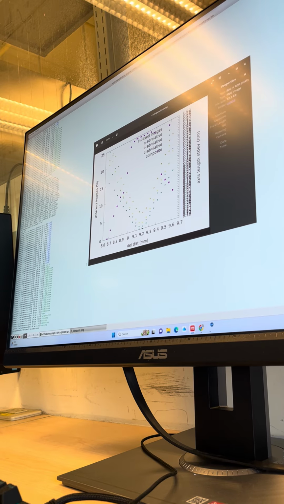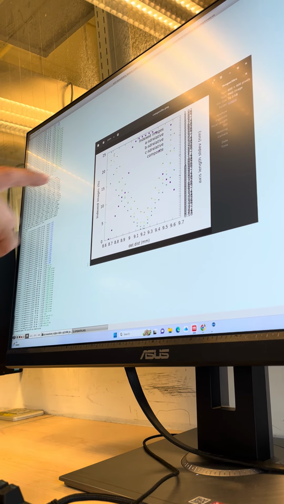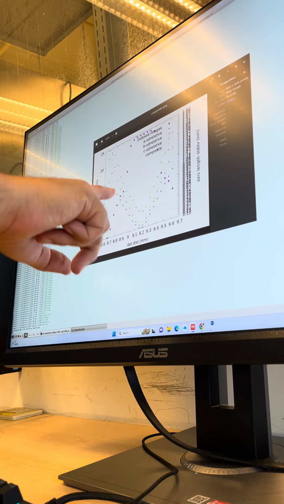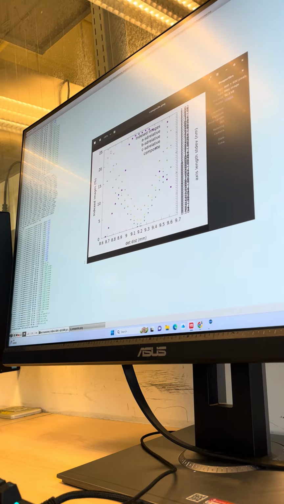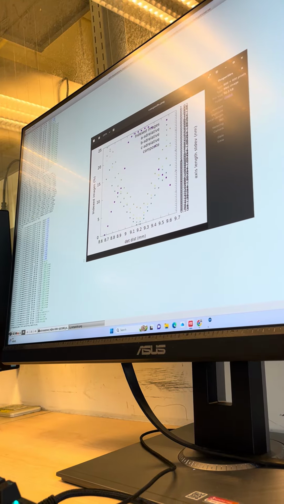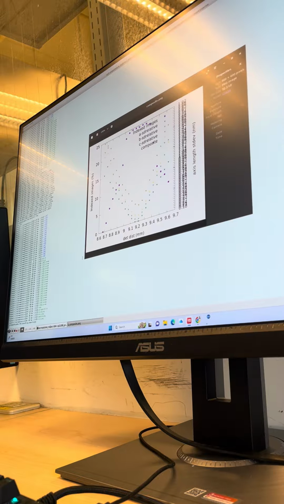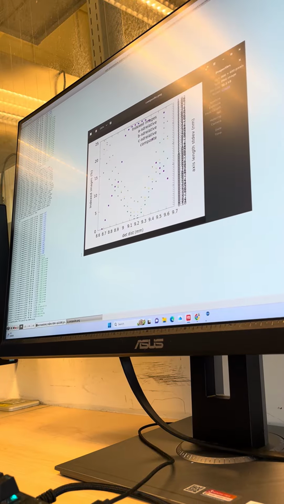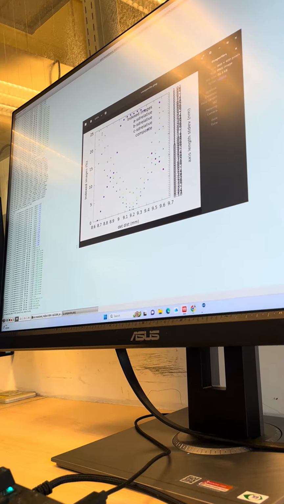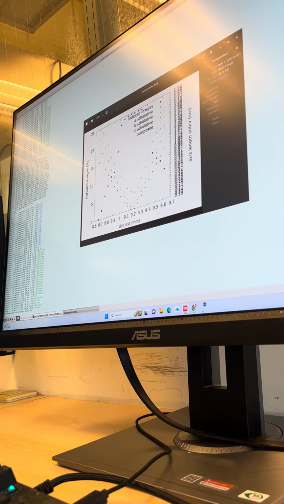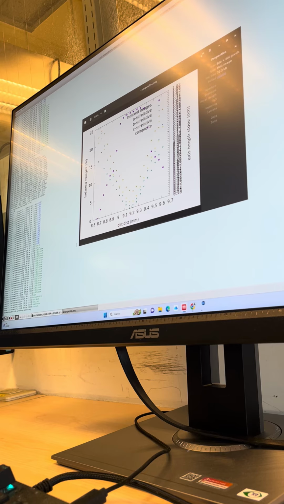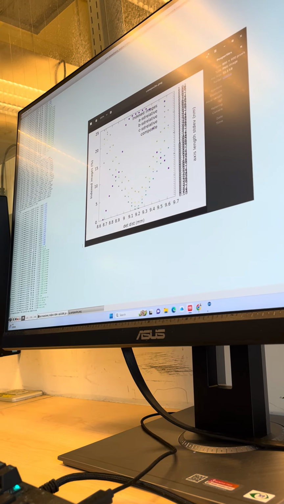So that means for the longer unit cell axis, that's C, it has a higher standard deviation, so it considers it more important than the other two that have lower ones. The values of the A and B axes are smaller, so they have a lower standard deviation by themselves because the number is smaller.